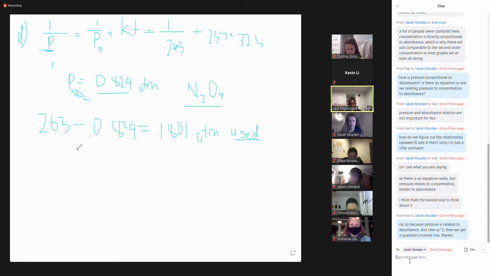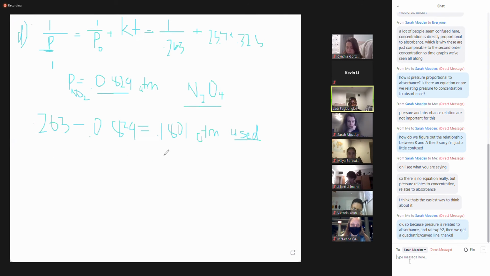So if we look back at our reaction, for every 2 atmospheres of NO2 that we used, we made 1 atmosphere of N2O4. That's just working with your stoichiometry again.